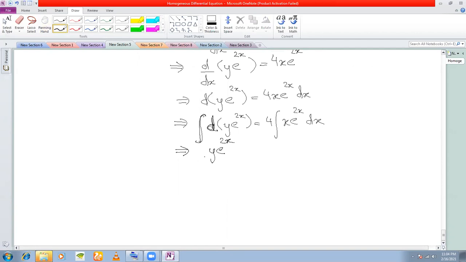And how do you integrate the right hand side? By parts. Remember, by parts, the first problem I discussed was this.